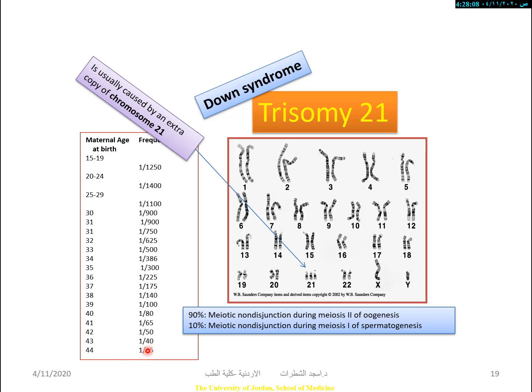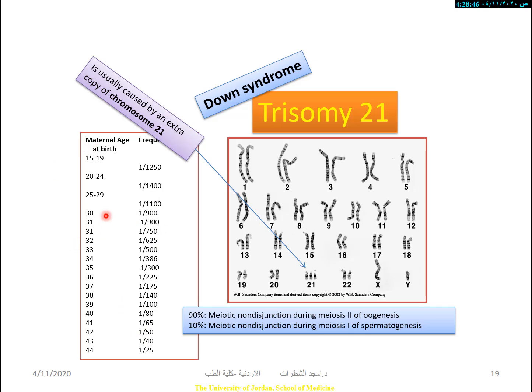That's why usually Down syndrome is associated with old parents who decided to have a baby at a late age. But that does not mean that all old people can get Down. As you can see here, at age 15-19, the incidence is 1 in each 1,250, so you can compare for yourself.